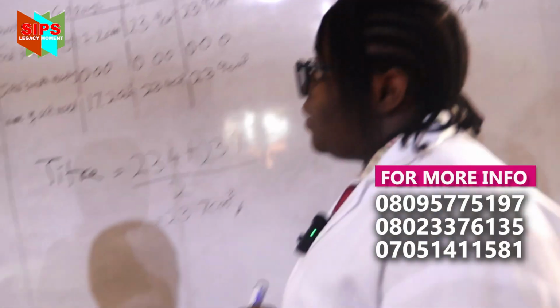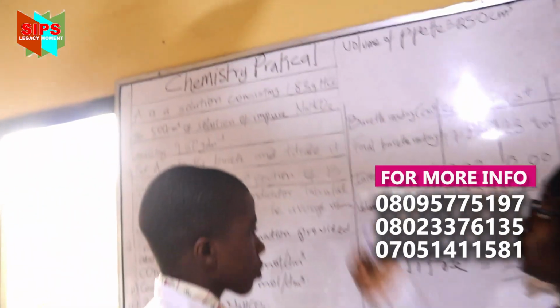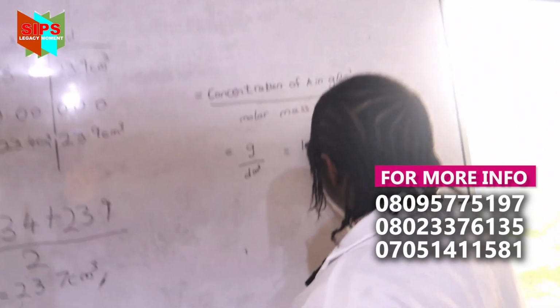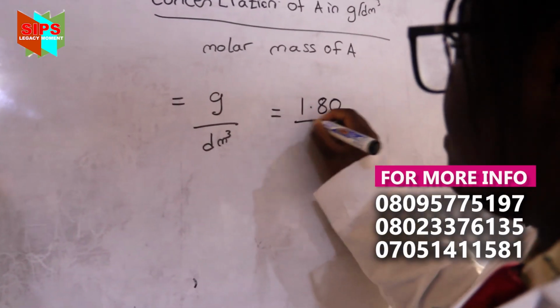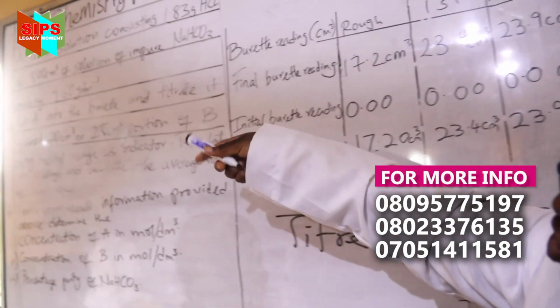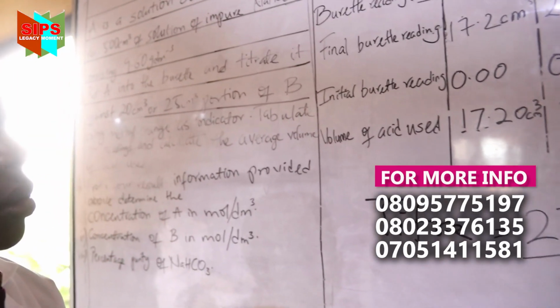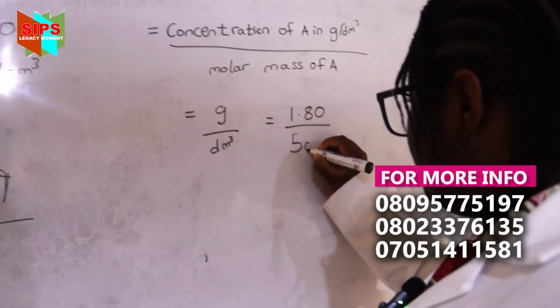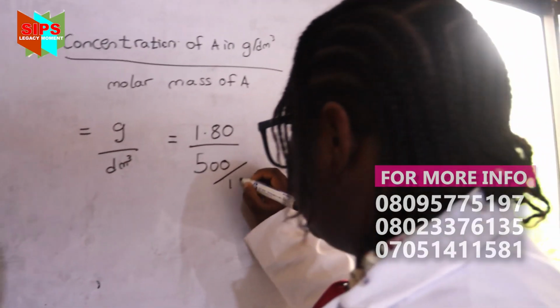The gram, as you see in the question, is 1.83, divided by the dm cube, which we're given in centimeter cube, so we have to divide by 1000. That's 500 divided by 1000.